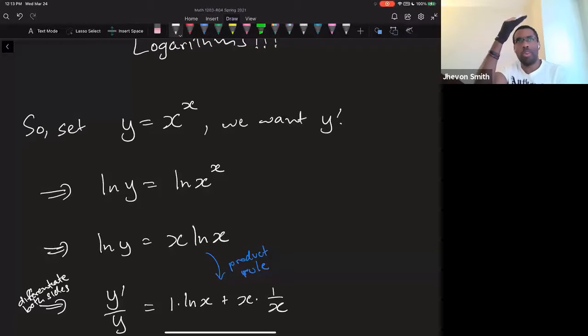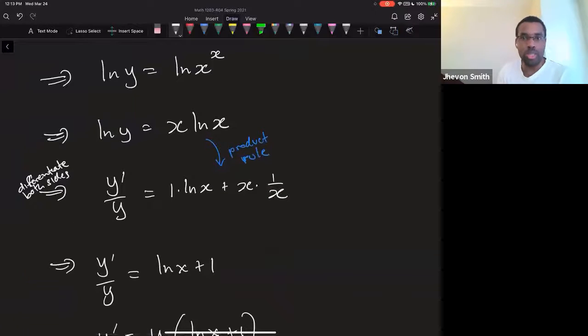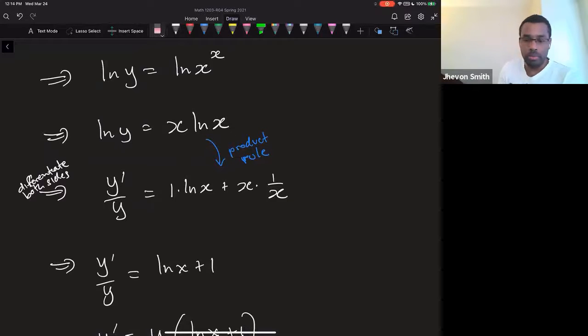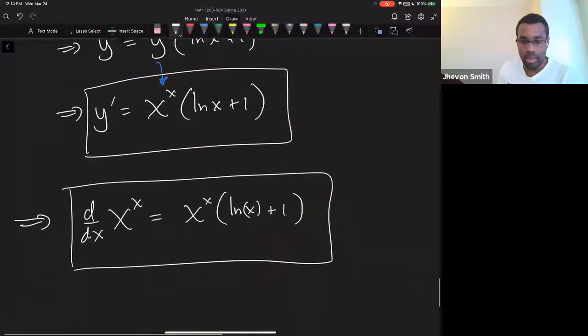If your n was a power 1,000, you don't want to have to multiply all that out when you're doing the f of x plus h minus f of x over h. So we're like, I don't want the power to be a problem anymore. Log both sides. And we found that you use the constant factor rule in this step instead of the product rule, because your n was in front and it was just a constant. And you figured out the power rule that way. So we can do that there.